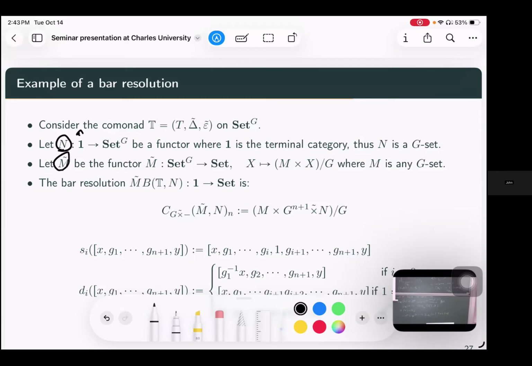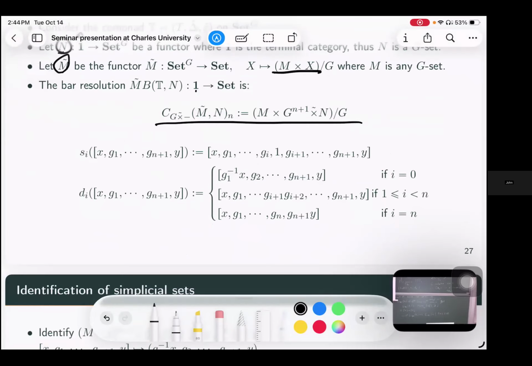And I define my m tilde to be a functor going from G sets to sets by doing this. Okay, so I first do m cross x, and then I pick the orbit of that. M is any G set. Then the bar resolution, which goes from this terminal category to set, is given by this.